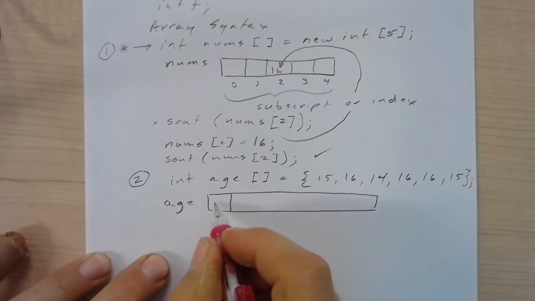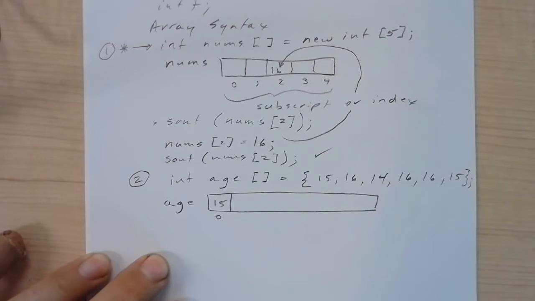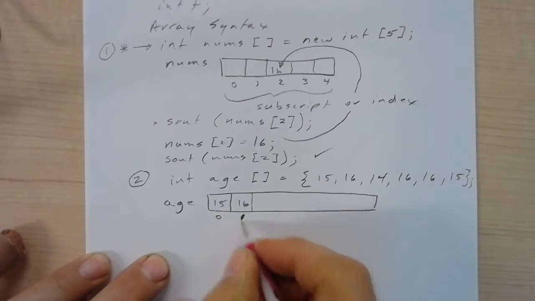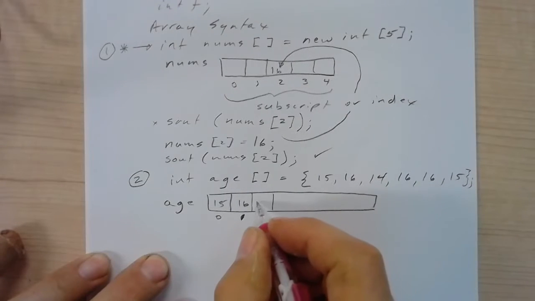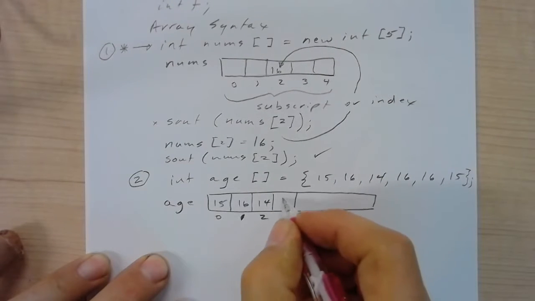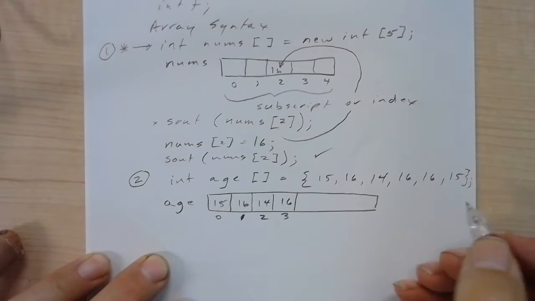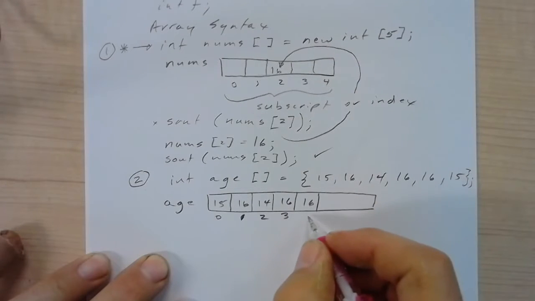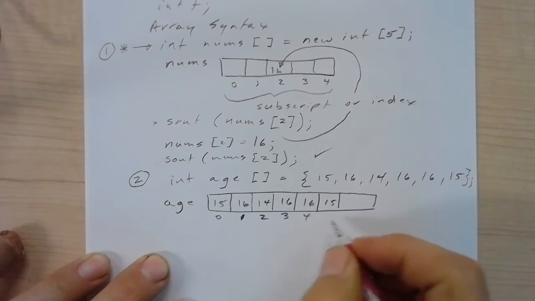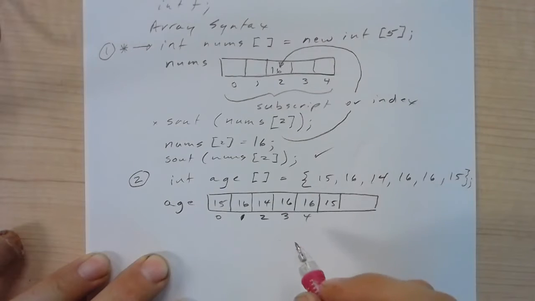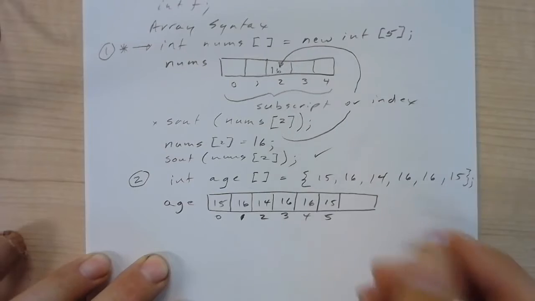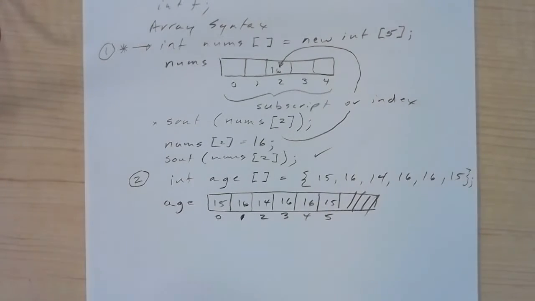So into element 0 it's putting 15, into element 1 it's putting 16, into the element at position 2 it's putting 14, and then 16, 16 and 15. That's everyone, right? Yep, 6 values.